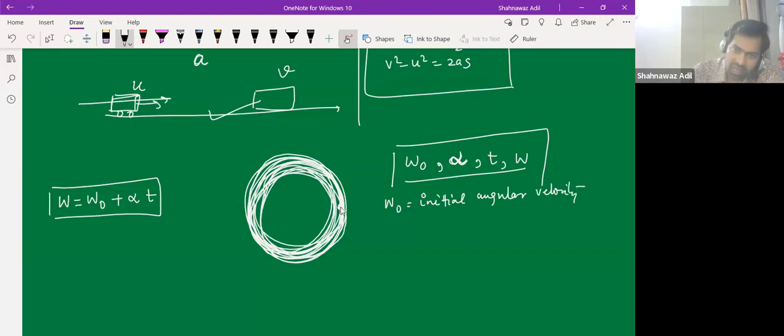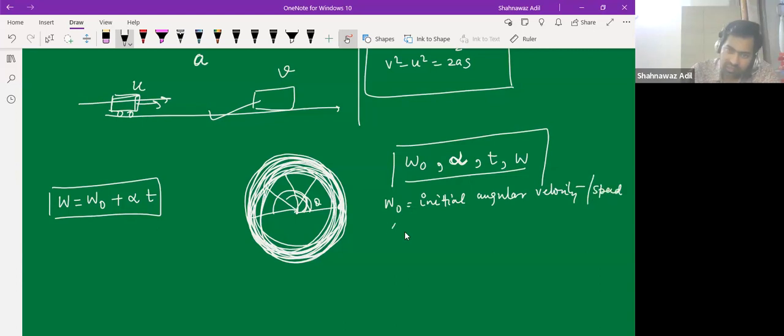How much angle it has covered. It is changing the angle, so this angle is different, this angle is different, this angle is different. It is covering different angles in a particular interval of time, so that would be the angular velocity. Let's say it has some initial angular velocity or speed, when we are talking about the magnitude only.